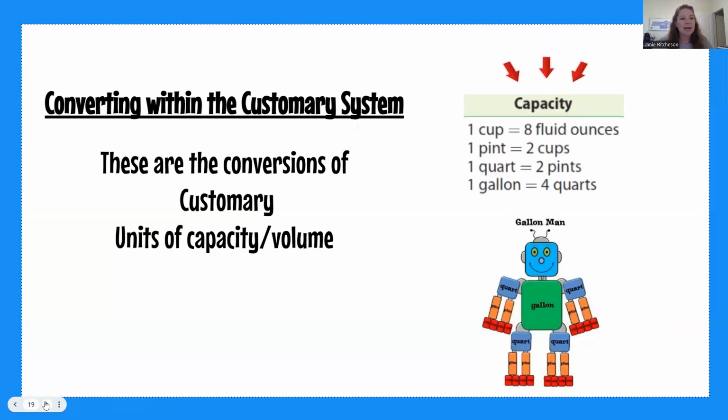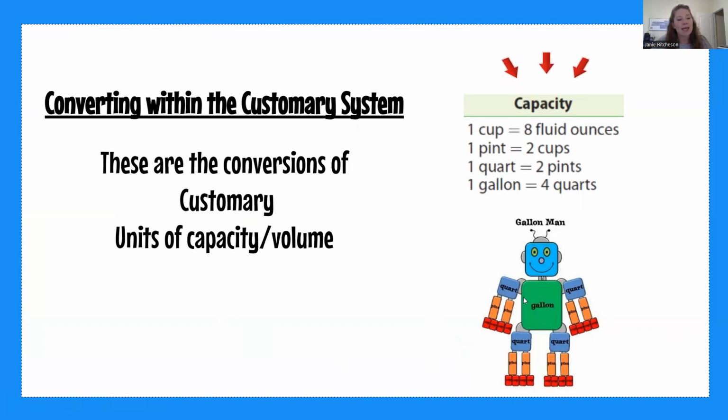And actually, Monday's assignment is for you to create your own gallon bot or gallon man. Okay, so here's a good example of what yours could look similar to, but you're going to create your own. It's a Google Doc assignment. Basically this helps you have a visual: 1 gallon is made up of 4 quarts.